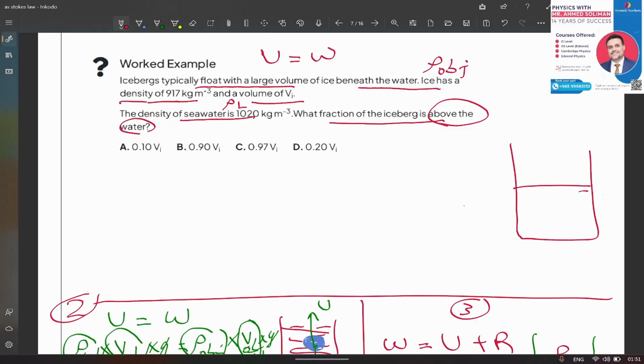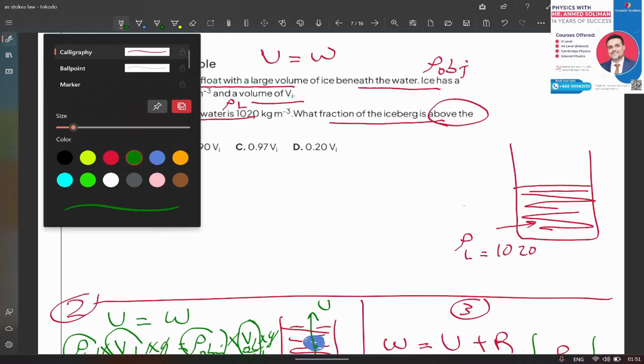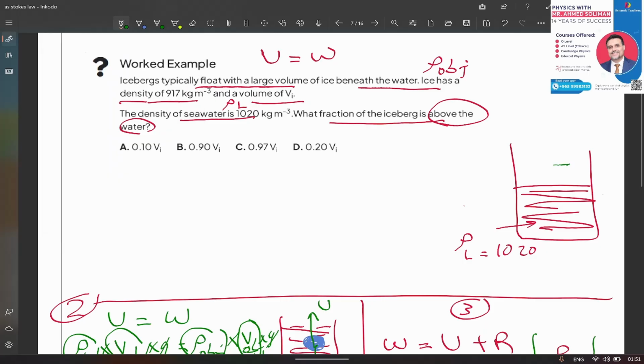We have liquid like this. The density of liquid, which is water, is 1020, and also we have an object. The total volume of the object is VI, and he asked to find the volume above the surface.